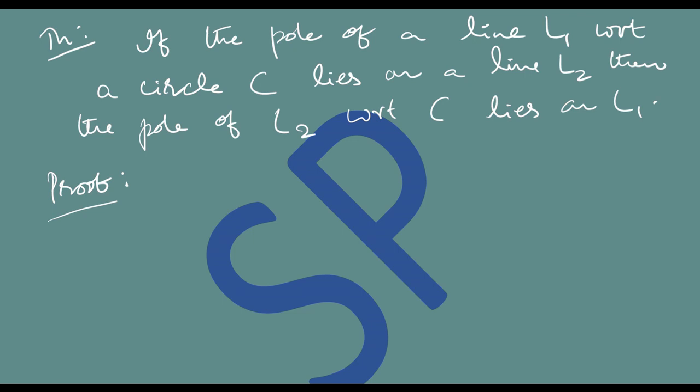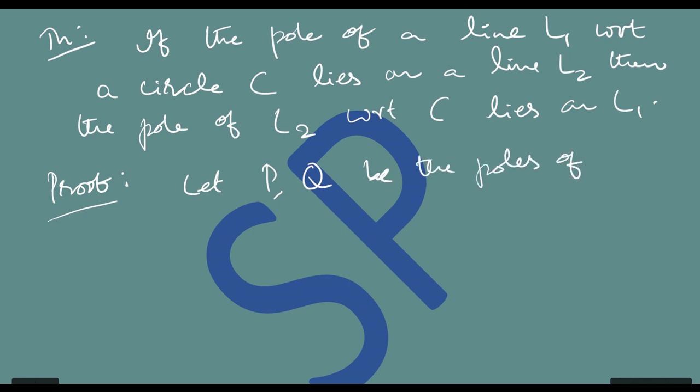Now let us first find the poles of L1 and L2 with respect to the circle C. Let P, Q be the poles of L1 and L2 with respect to the circle C. We write more precisely.